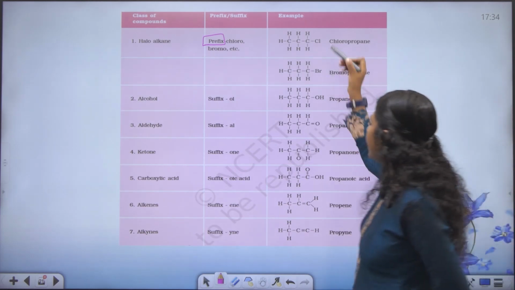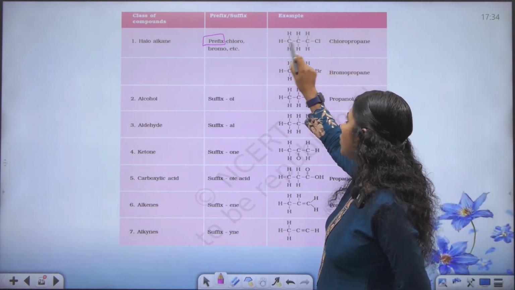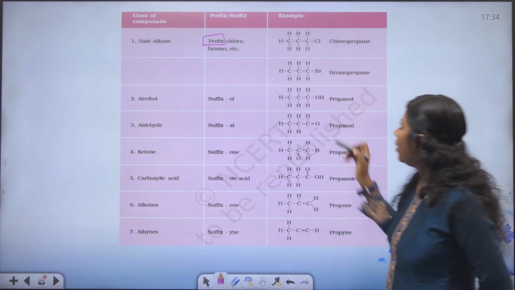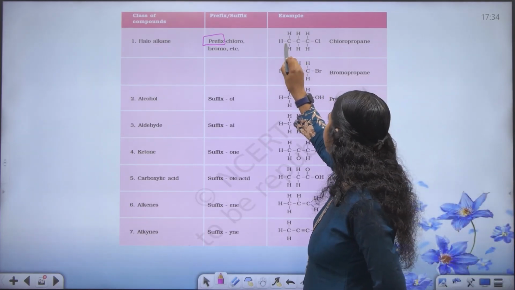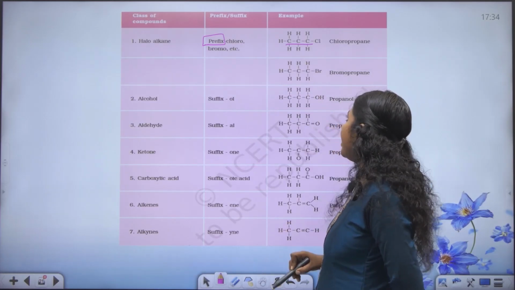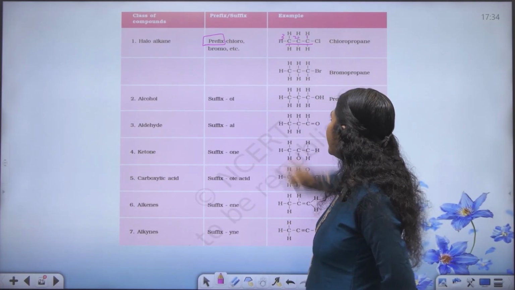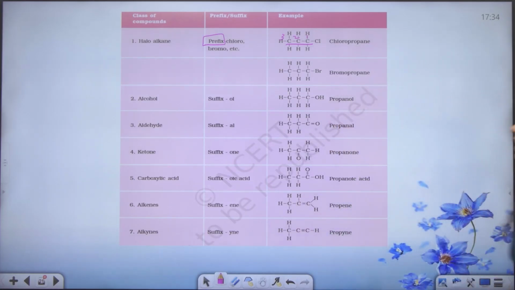And see this here. First step, find the longest carbon chain. This is the longest carbon chain. Count the number: 1, 2, 3. A total of 3 carbon atoms are present, and 1 carbon atom is connected to a chlorine atom.